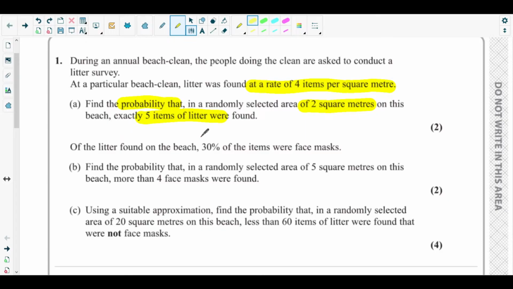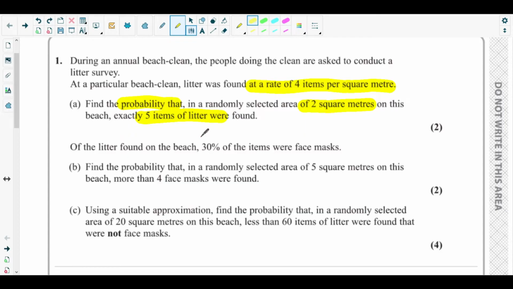So the number of items found here is distributed under which distribution? Normal? No, definitely not. Binomial? No. It is Poisson, because in the Poisson distribution the outcomes occur at a constant rate.